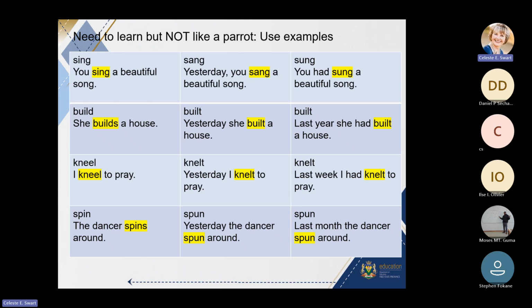Something that you need to remember as well, and this is one that I really find fascinating because so many people get it wrong. When we speak of hanging clothes, I hang my dress on a coat hanger, then I would say, yesterday I hung my dress on the coat hanger and I had hung it on the coat hanger.